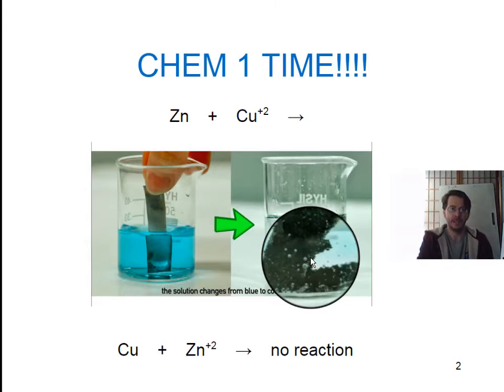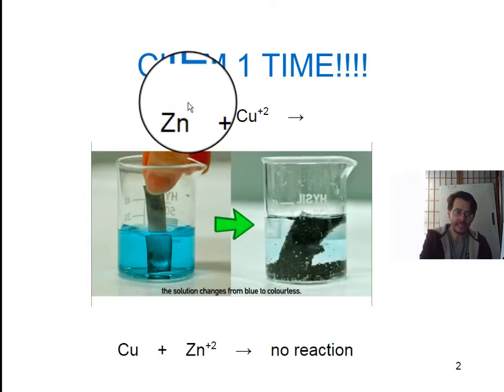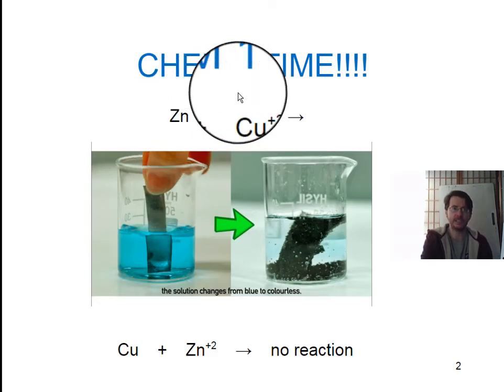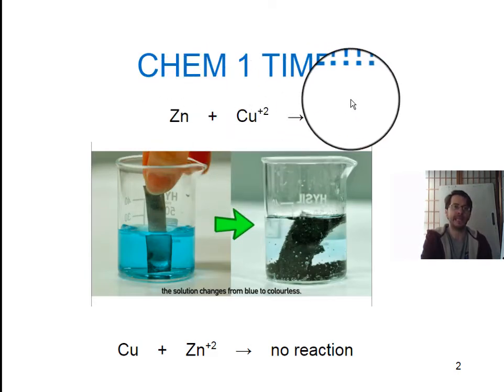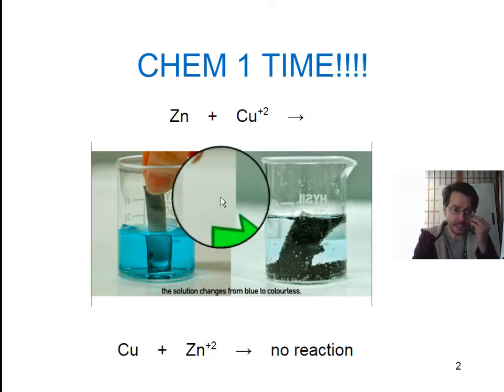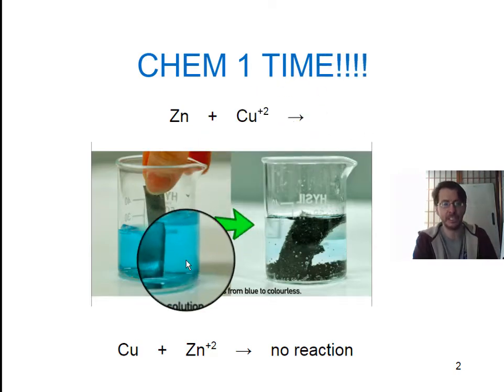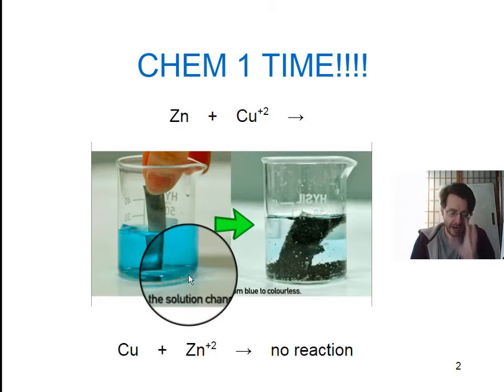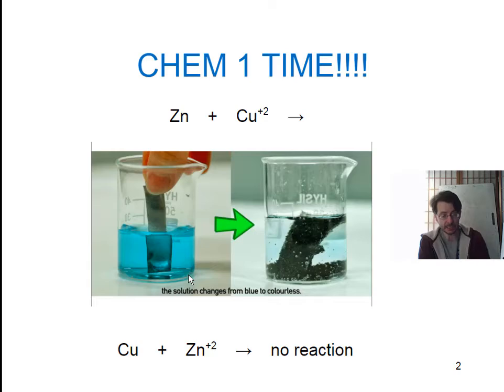So what happens is the zinc here changes the copper back into copper metal. You can see this. One of our physical changes is a change in color. Rapid changes in color usually denote some sort of chemical change. Again, all the way back to Chem 1. So we're coming full circle again, all the way back to the first couple of days of Chem 1.